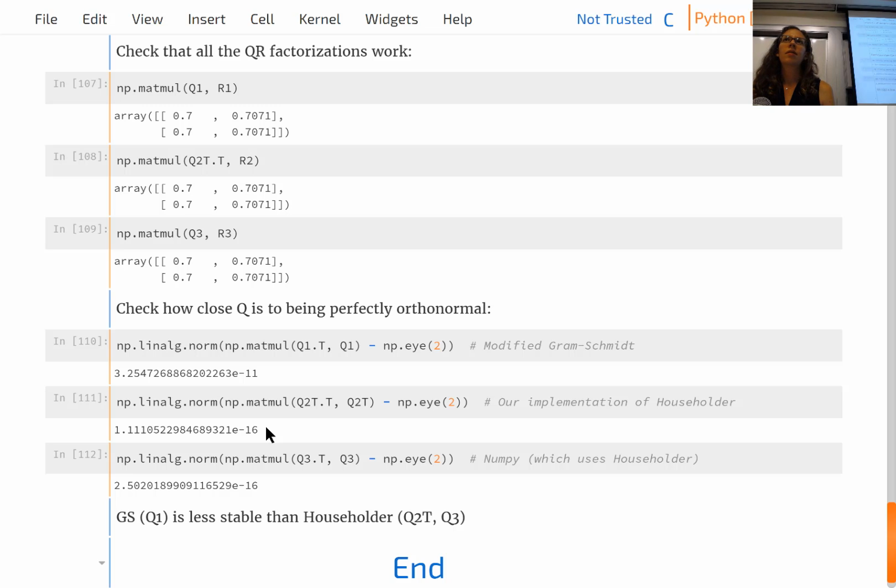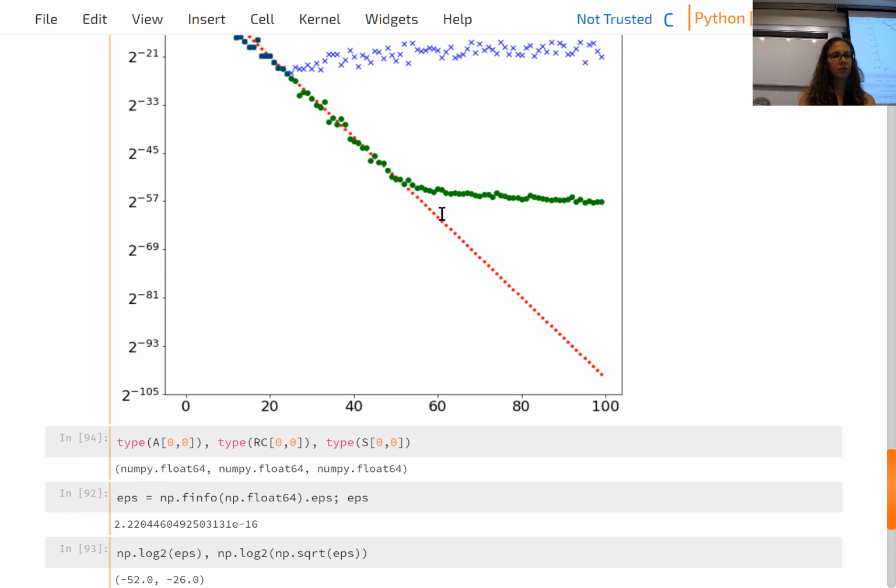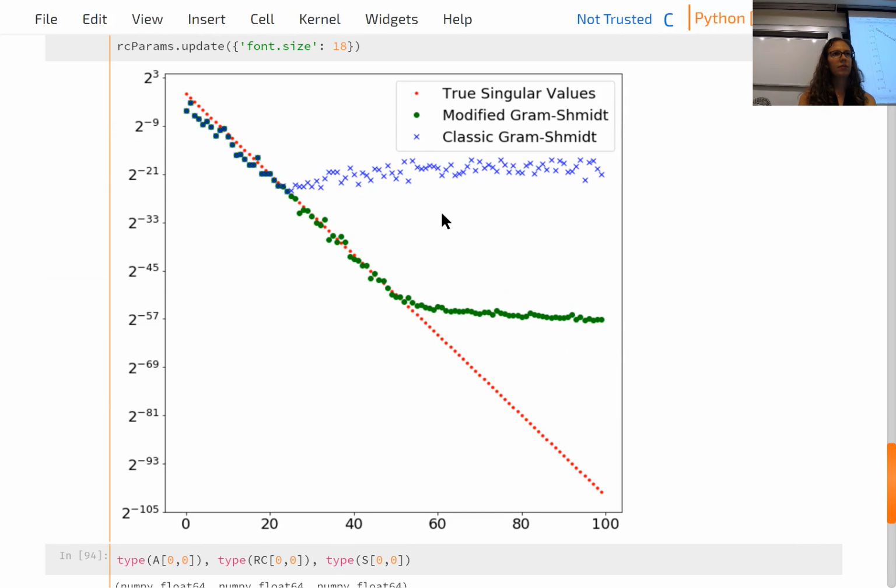Linda, and Tim has the microphone. If we could go back to the graph, I was wondering what makes the difference between the classic and modified that's causing that. Yeah, the difference lies in the algorithms, and we didn't really talk about what's going on with modified Gram-Schmidt, but it basically looks like you've made an algebraic change.